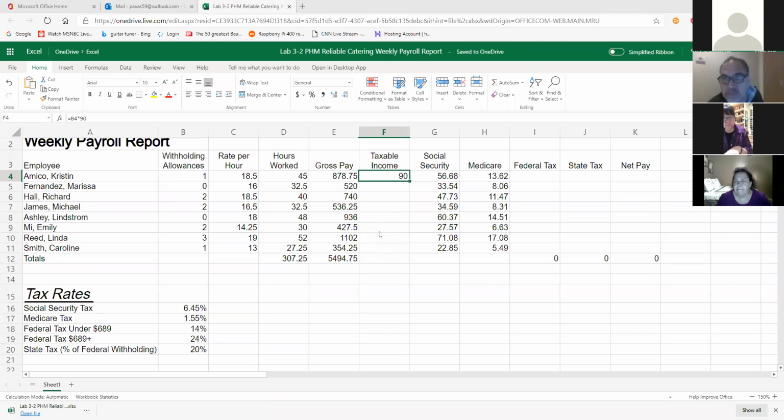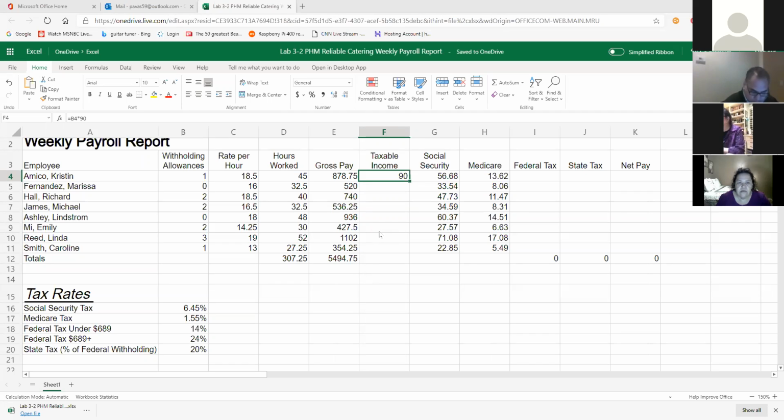Give me 1 second here. Let me see what numbers they're multiplying because it's not clear exactly what they're multiplying. Oh, it has to take into consideration.